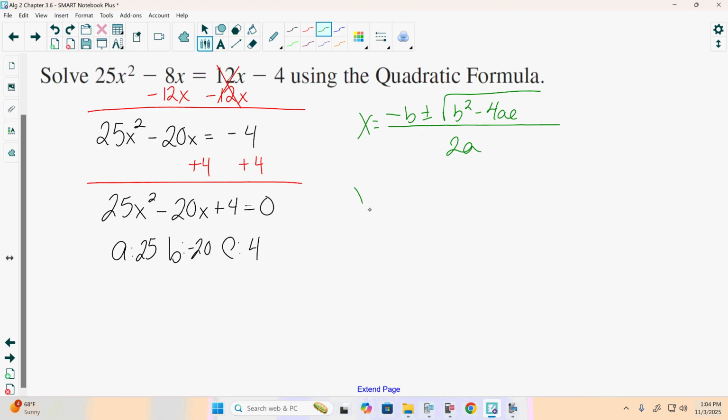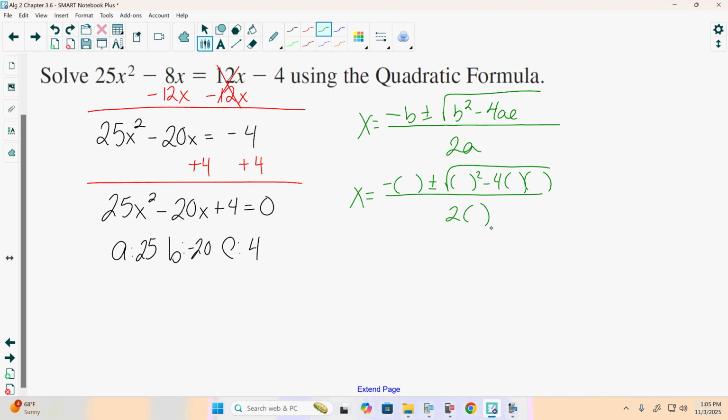Negative b plus or minus square root of b squared minus 4ac all over 2a. If you do not feel super comfortable with simplifying parts of this, the biggest thing I would say, especially on the test, is plug it all in like we're about to do.